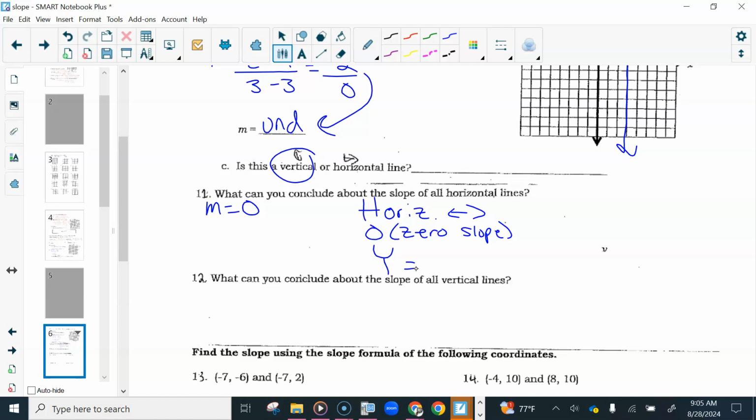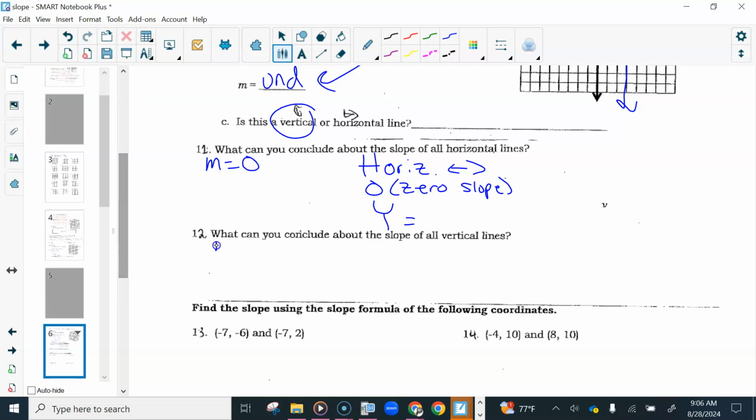And then what could we conclude about the slope of all vertical lines? They'll be undefined, similar to this one with 0. And then I want you to write V-U-X. That'll kind of be the opposite of what we just wrote.